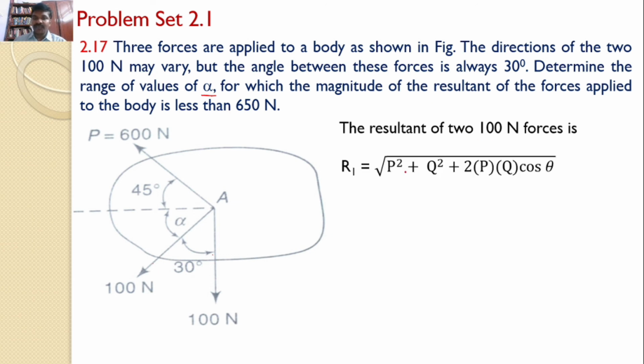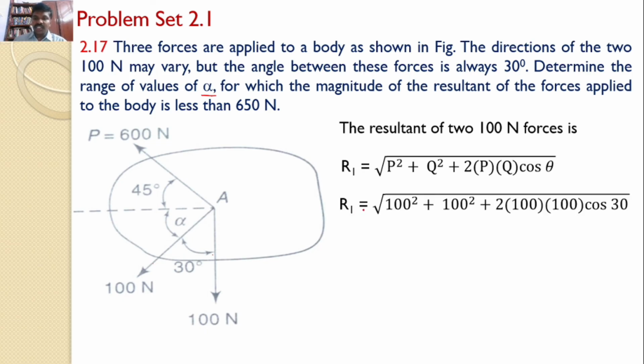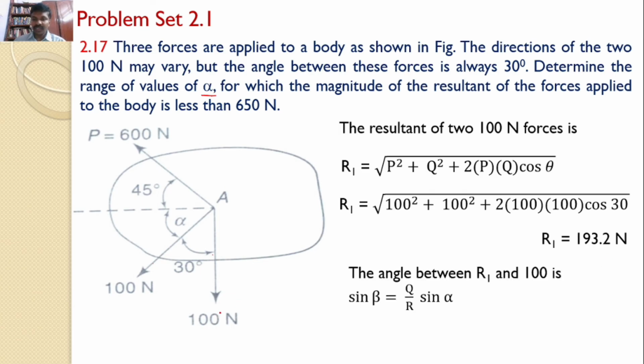R is equal to square root of, this is the formula, if P and Q are the two forces. Just now we have seen. By substituting, I get square root of 100 square plus 100 square plus 2 into 100 into 100 into cos 30. So I can find the resultant of these two forces is 193.2 newtons.